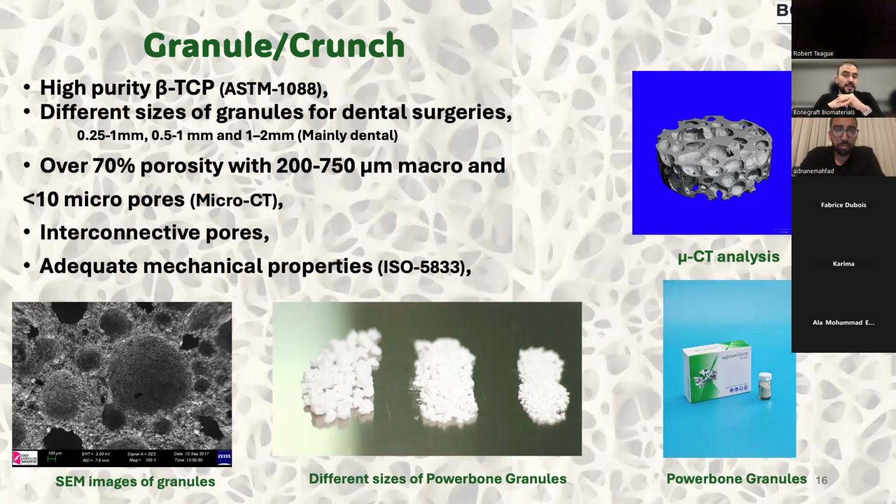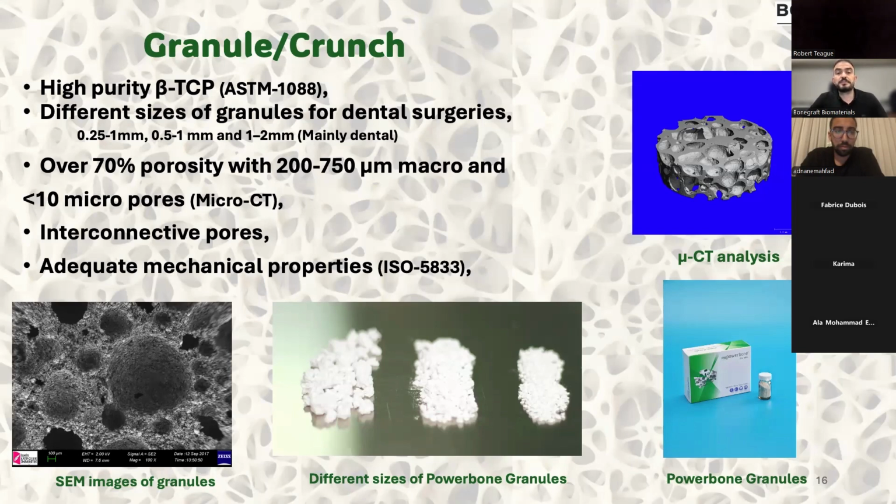ASTM 1088 is a standard for beta-tricalcium phosphate based graft materials. Based on that, the purity of the beta TCP has to be over 95% in every single lot that you manufacture. In our characterization results, we can confirm that our purity is over 98% in every case.